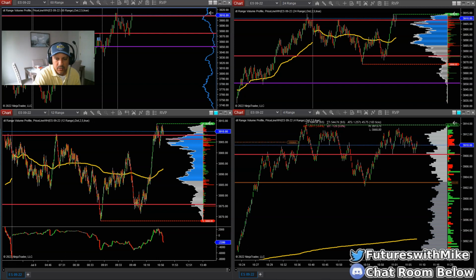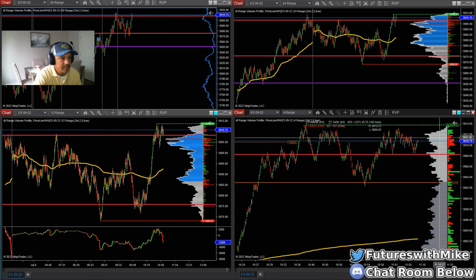I'm up 25 ticks right now. 39.11 almost, one tick away from it. So I think it may come out just a little bit higher, maybe 11 and a half, 11 3/4 possibly. There we go, 11 and a quarter.